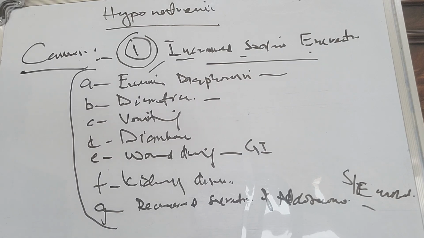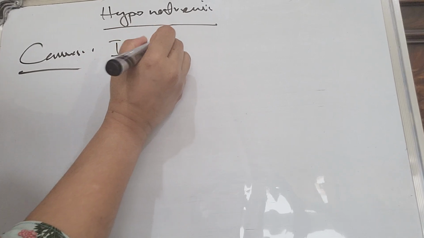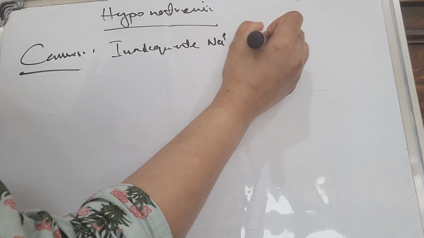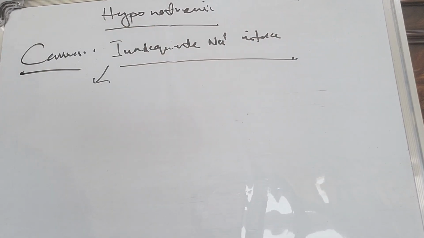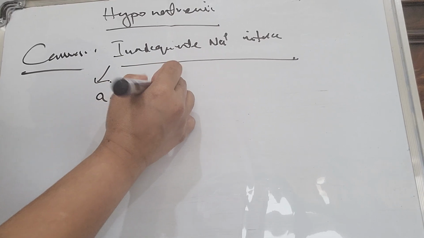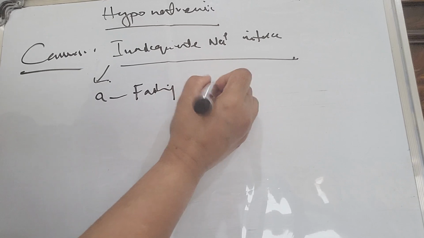Now the second is inadequate sodium intake. Which points come under inadequate sodium intake? Number A, fasting, nothing by mouth status, NPO.